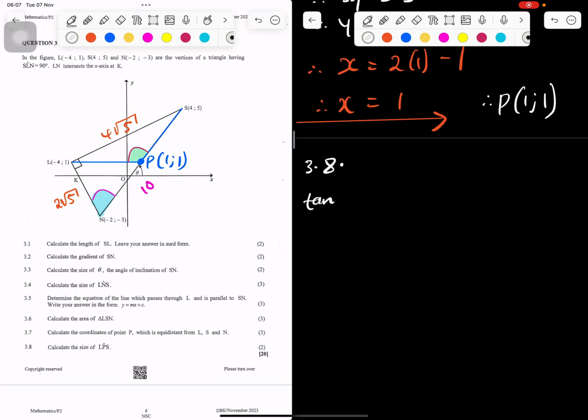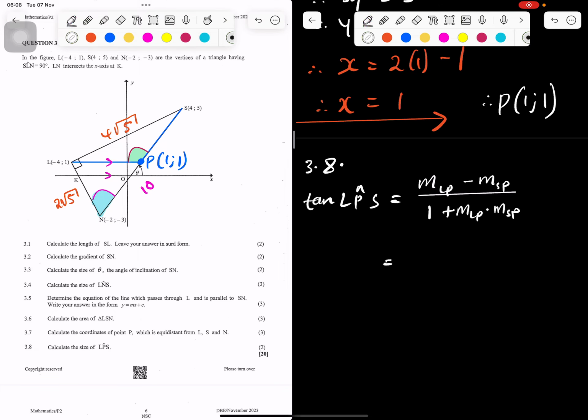To say that the tangent formed by that angle of LPS is the same as the gradient of LP minus the gradient of SP, divided by 1 plus the multiplication of their gradients, which is the gradient of LP multiplied by the gradient of SP. But the gradient of LP is horizontal. Remember, I said to you, this is parallel to the x-axis because 1 is constant throughout.